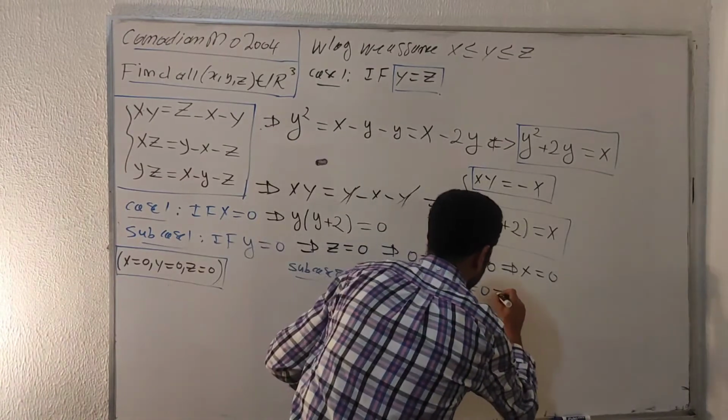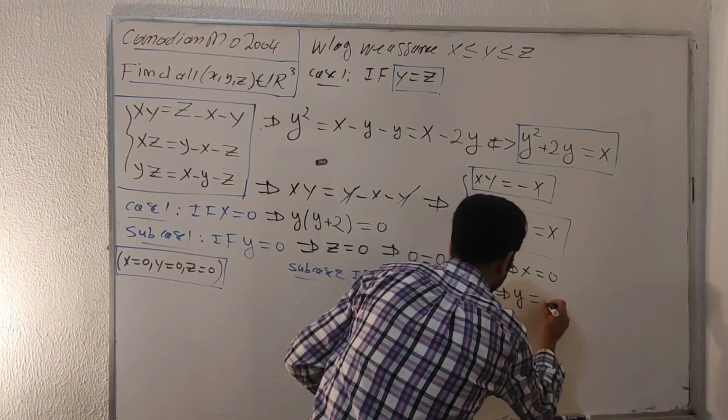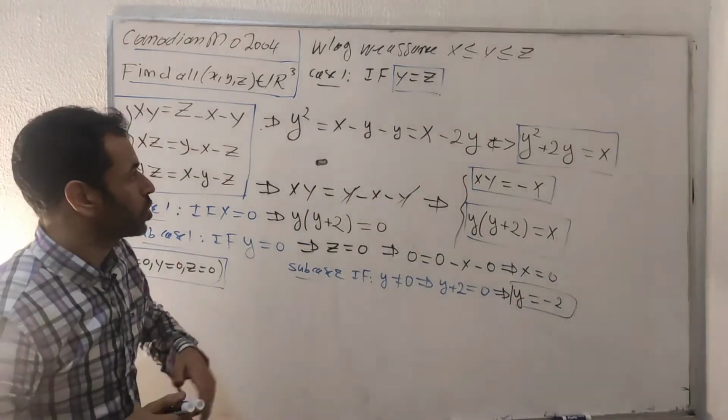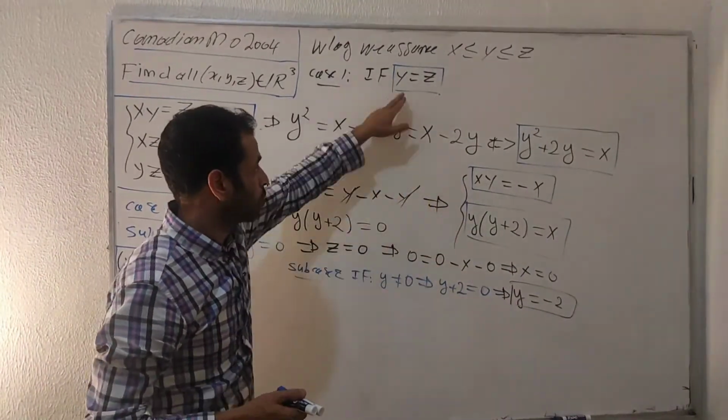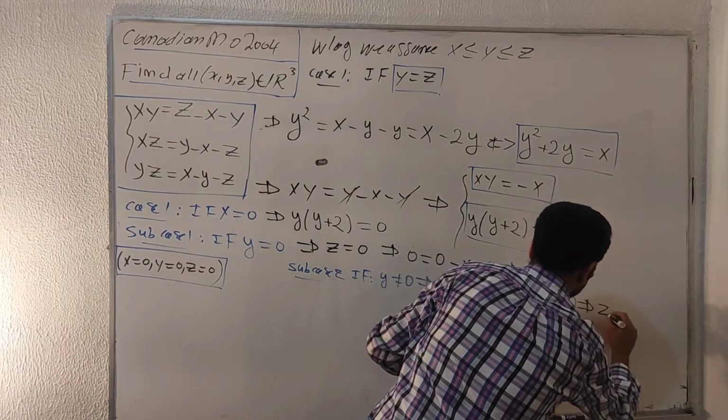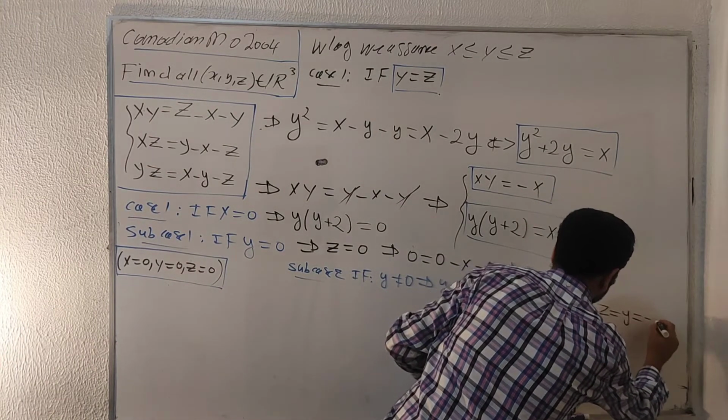By taking the 2 to the right, I get y equals minus 2. We found y equals minus 2, which means z equals minus 2, because we have the equality z equals y equals minus 2.